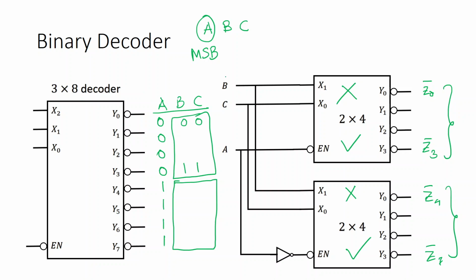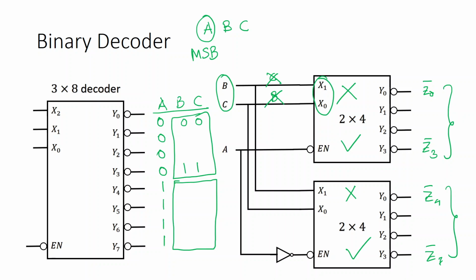This is very important, where you are plugging in the signals. You should not reverse this configuration. If you give C here and B here, that is going to be absolutely wrong. Depending on where your X1 and X0 is inside this block, you should connect your BC accordingly. And I will just give you a word of warning here.